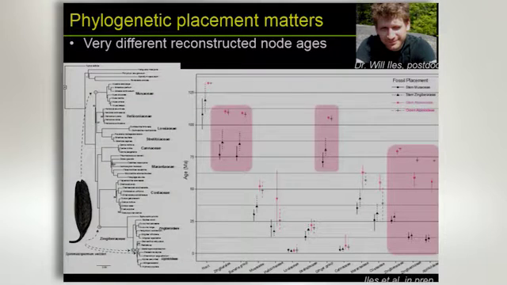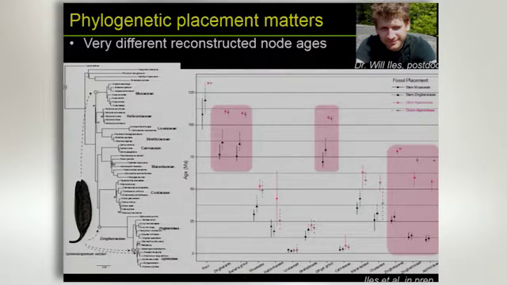For a lot of these, I know you can't read the groups, but you can see there's still a large overlap between all of them, even if there's some difference. But I've highlighted here some of the areas where putting it as either stem or crown Alpinioideae makes a huge difference for the estimation of the node age. This is for the order itself. So we've got about 50 million years difference.